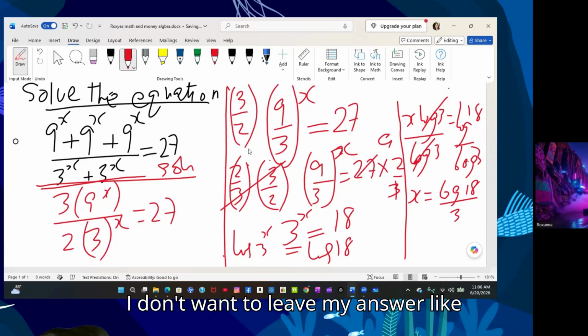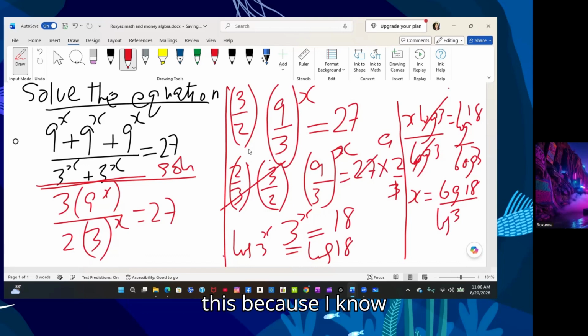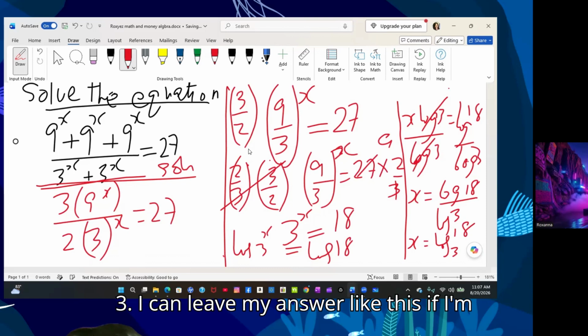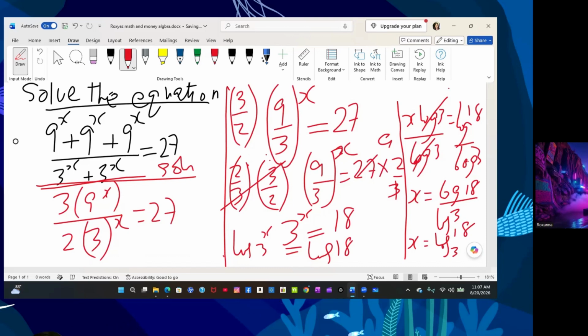I don't want to leave my answer like this because I know if I use the change of base, I can actually rewrite that x is equal to log 18 to base 3. That's exactly what this means. Log 18 to base 3. I can leave my answer like this if I'm told to leave my answer like this.